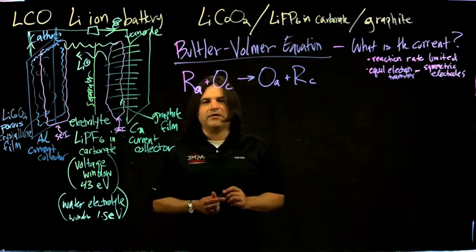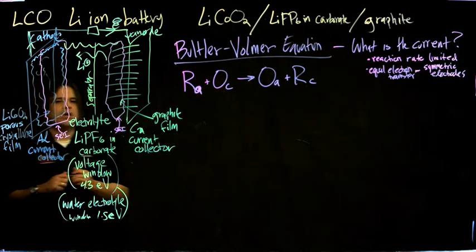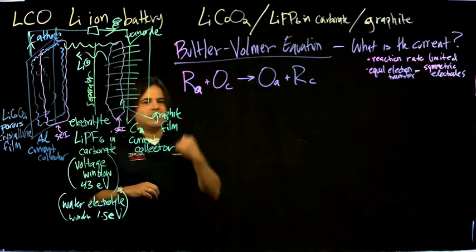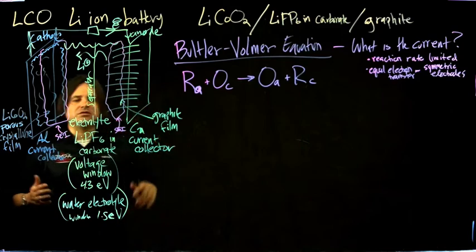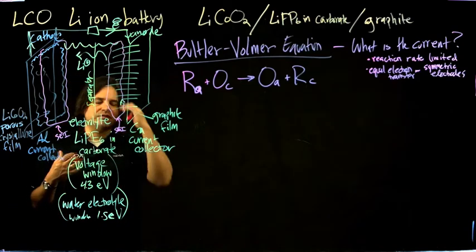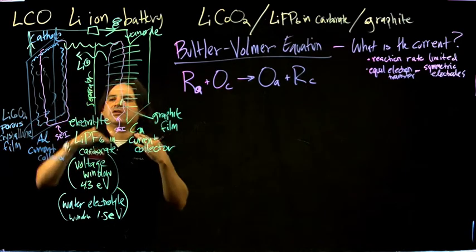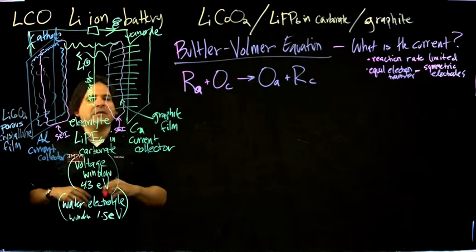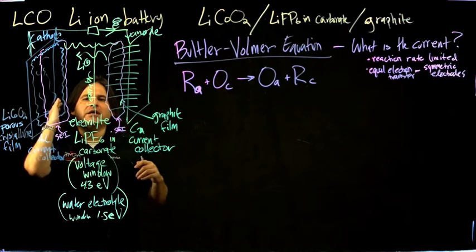you can start by defining the so-called overpotential. From an equilibrium standpoint, you can define these chemical potentials that you can express in terms of energy, or you can express in terms of voltage, because these are electrochemical reactions. That's an equilibrium behavior, but you can change the speed at which this happens by applying an overpotential.